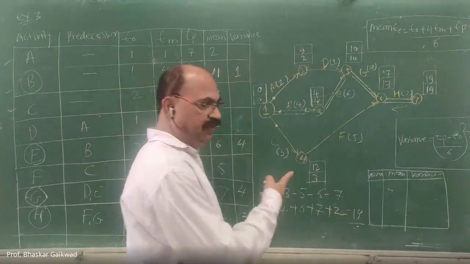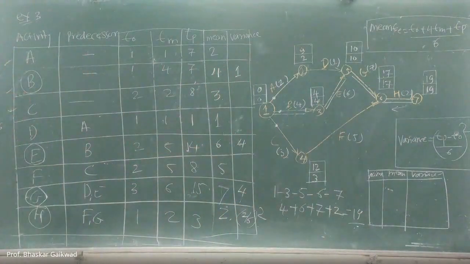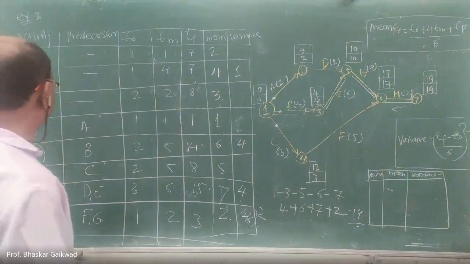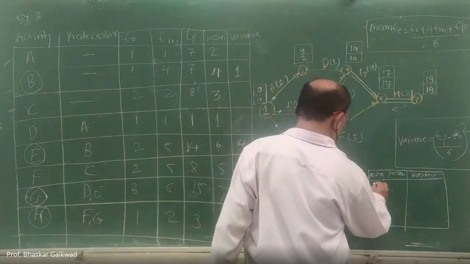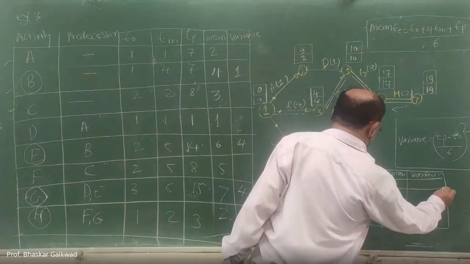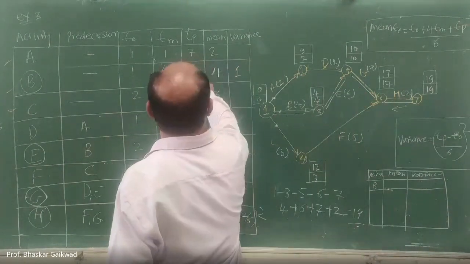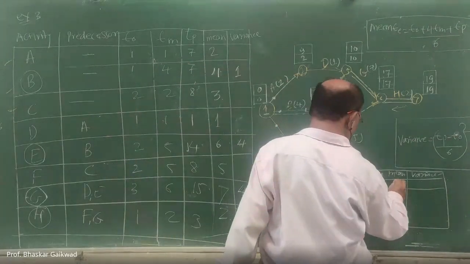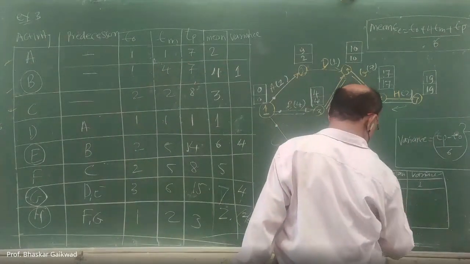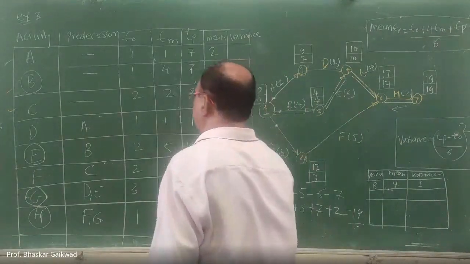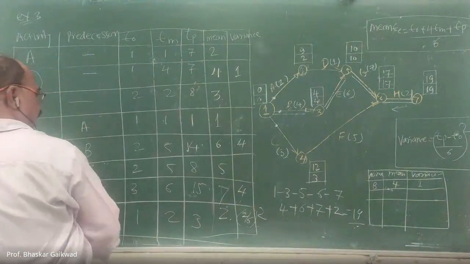These charts you have to make only for the critical path. What is the first activity? Critical activity B. What is the mean time for B? 4. And the variance? 1. After that, the next activity E is there.